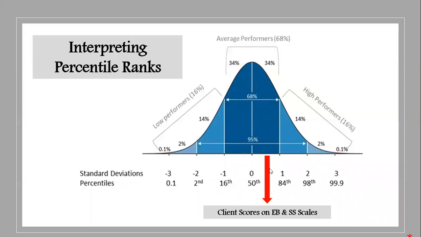One score falls at the 62nd percentile rank, and the other score falls at the 68th percentile rank, which is about here on the standardized normal distribution curve. This is about average relative to other clients.